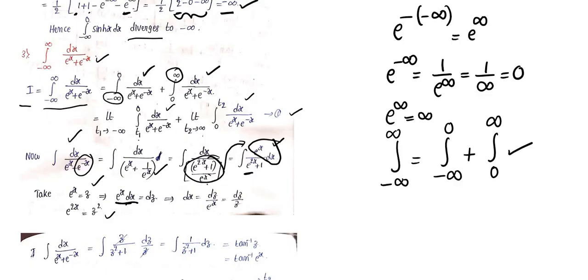Substituting all values, e power x dx is dz, and e power 2x plus 1 is z square plus 1. I know the formula for the integration of 1 by z square plus 1 dz is tan inverse of z. Replace z with e power x.